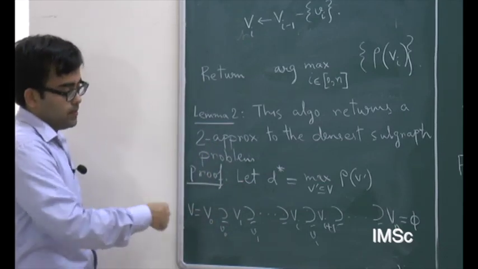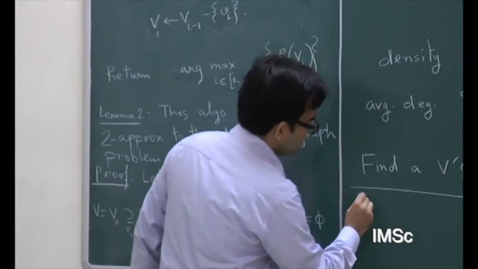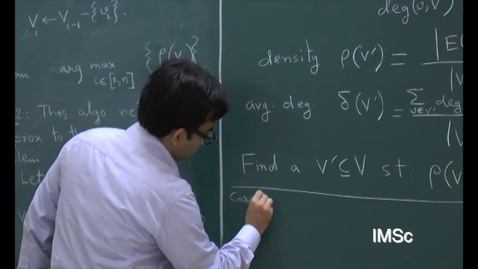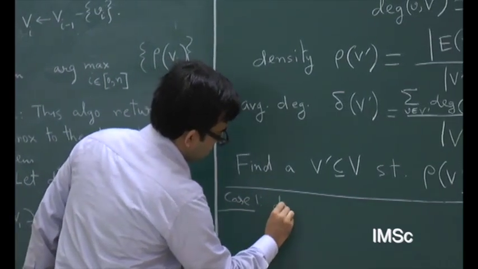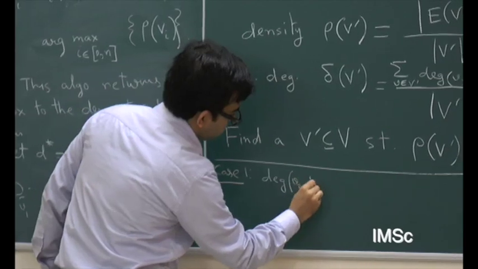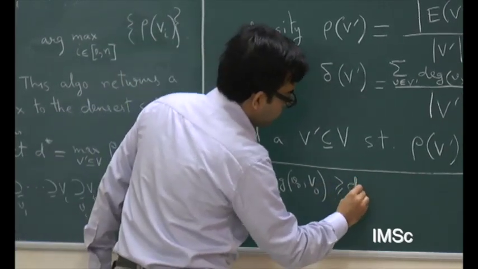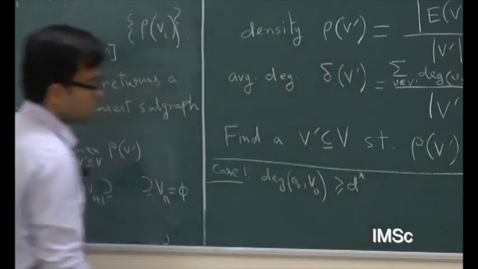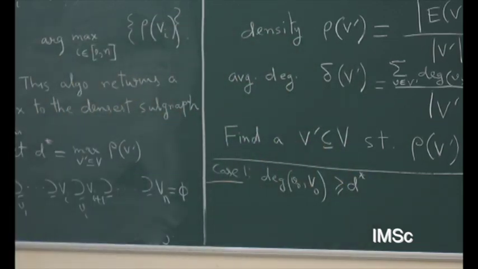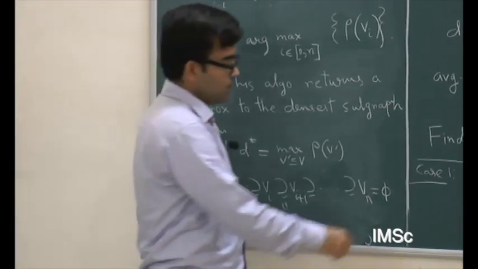Because there are two cases. Case 1, let me just continue the proof here. Case 1: degree of V0 in V0 is greater than or equal to D star. Then I claim that V0 itself is a 2 approximation. Why?